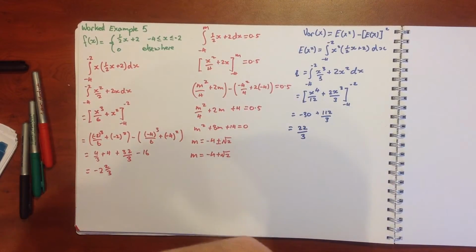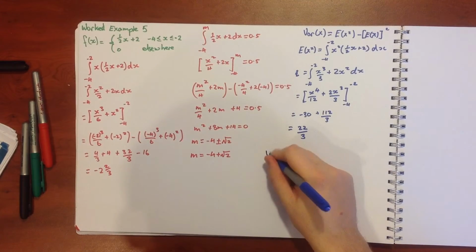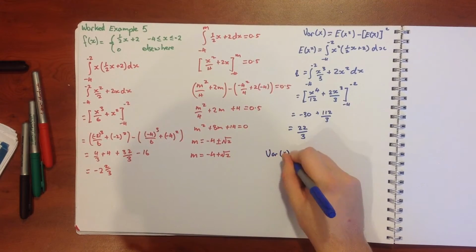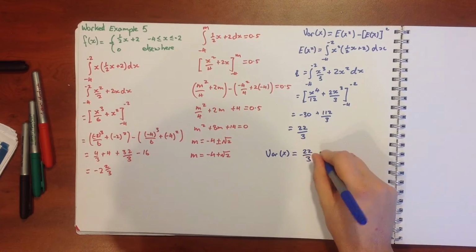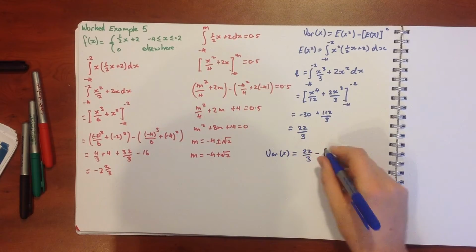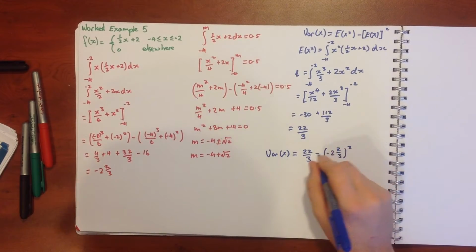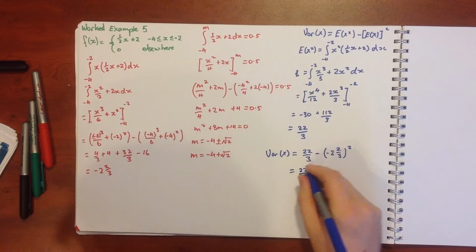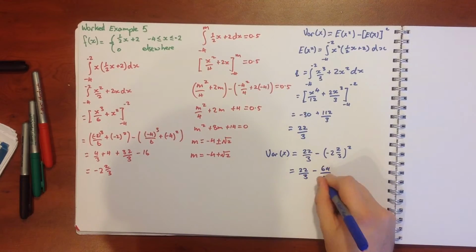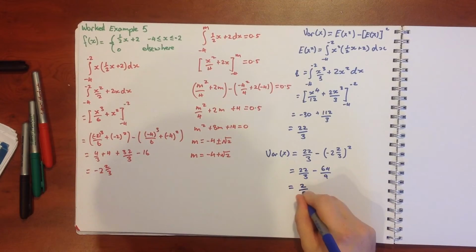Now we can bring together everything that we need. Our variance of x equals 22 on 3 minus negative 2 and 2/3 squared, which is 22 on 3 minus 64 on 9, which equals 2 on 9.